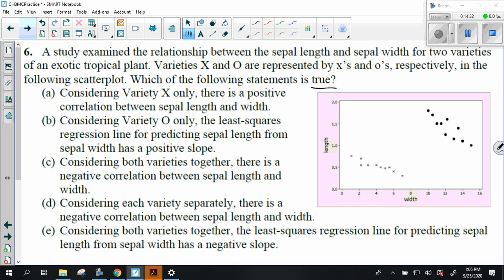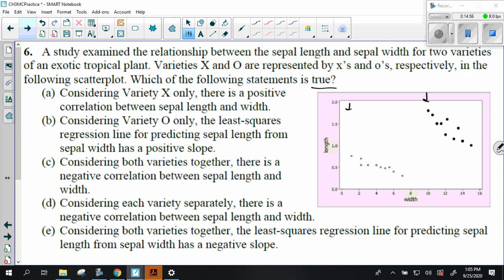There is a positive, so looking at variety X only, these are the O's and these are the X's over here. I would call that more of a star than an X, but you know, okay, all right, sure, why not?